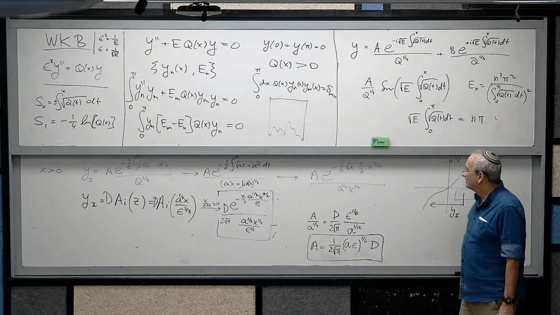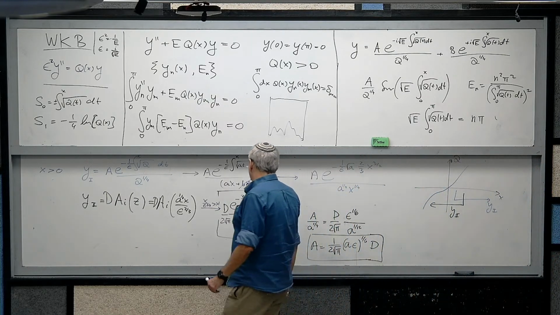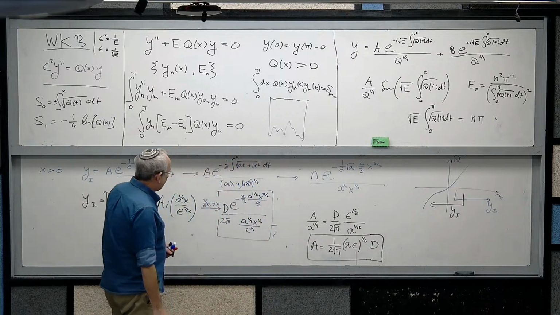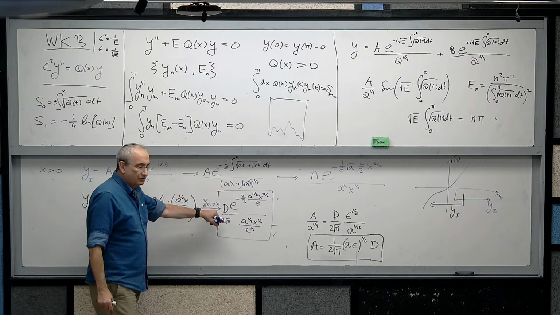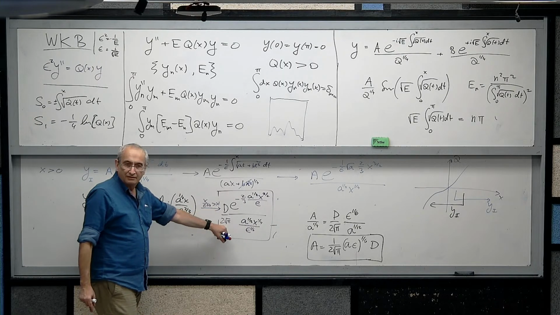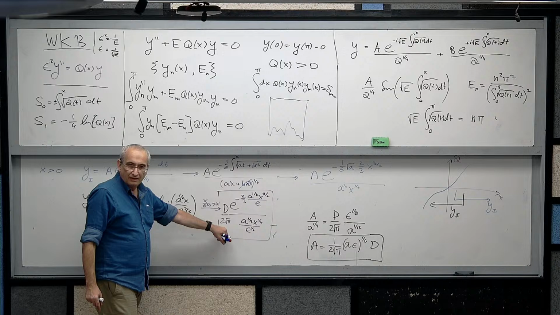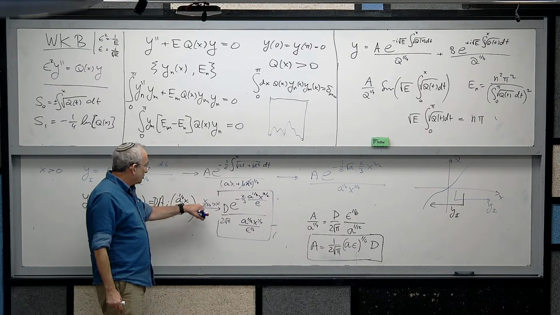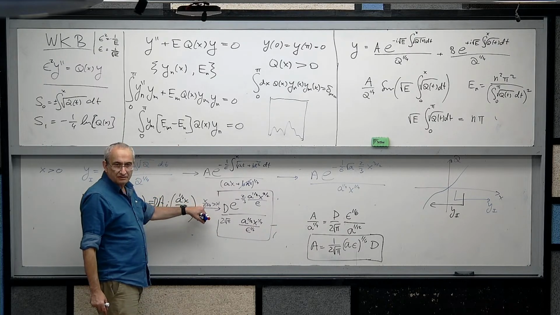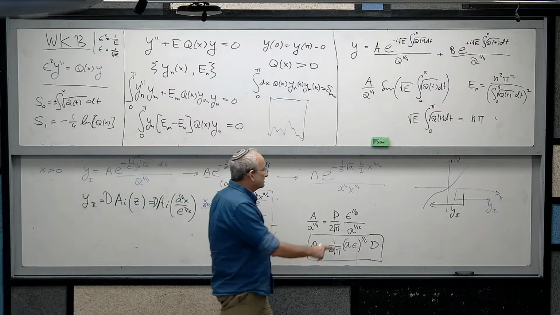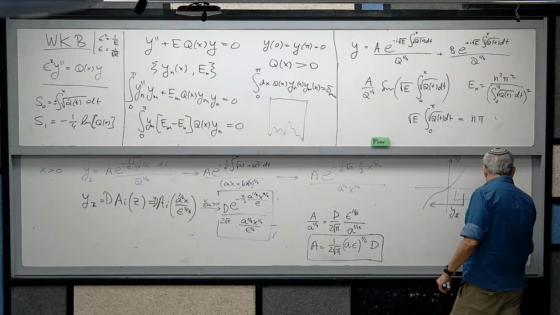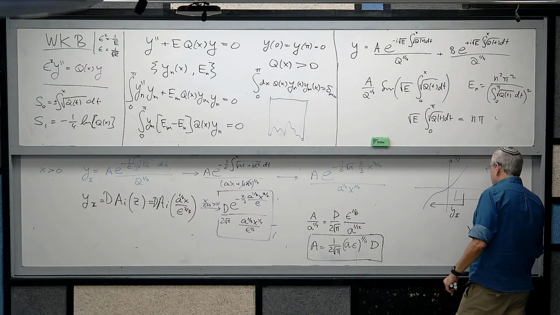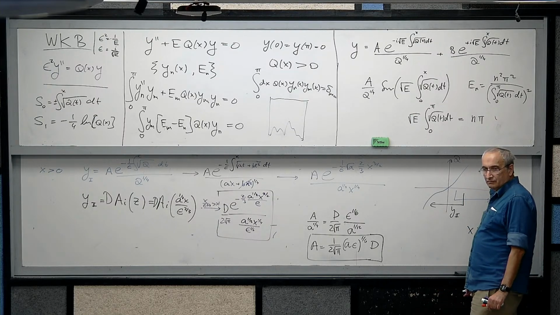So let's see. First of all, what was the assumption that allows us to go from here to here? We assume that X is much larger than epsilon to the 2/3. Right? So in the overlap region, X must be much larger than epsilon to the 2/3. Yes?